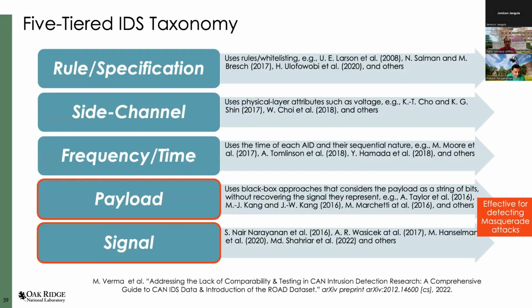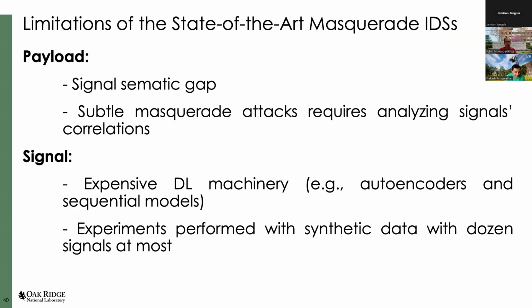So what we did here is focus on analyzing if payload or signals are going to be effective for these purposes. What we found is that if you use payload, it's basically focused on the bit representation of the data. But there is, of course, a semantic gap because we don't know the signals that are being sent.